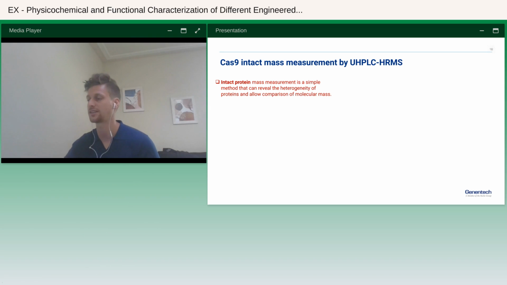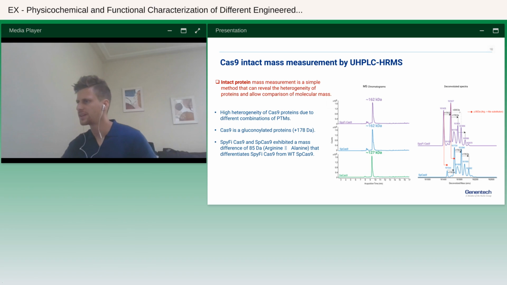on these Cas9 variants. So first of all, we can do an intact protein mass measurement. This method can reveal the heterogeneity of proteins and allow comparison of molecular mass. Here, again, we injected the 3 different Cas9 that we have, and you can see that we have one main peak, and then we have a very small peak before the main peak.